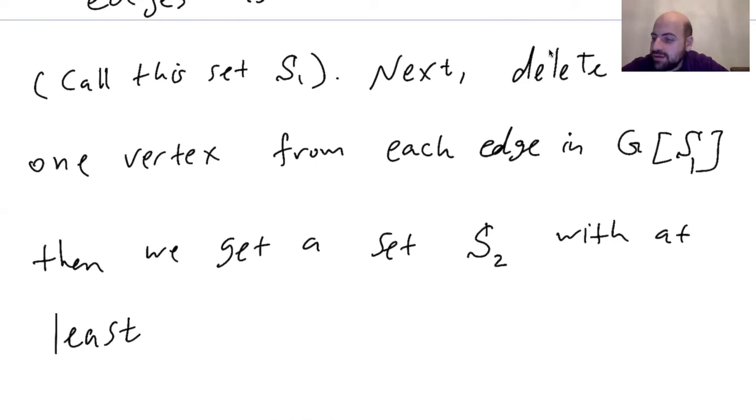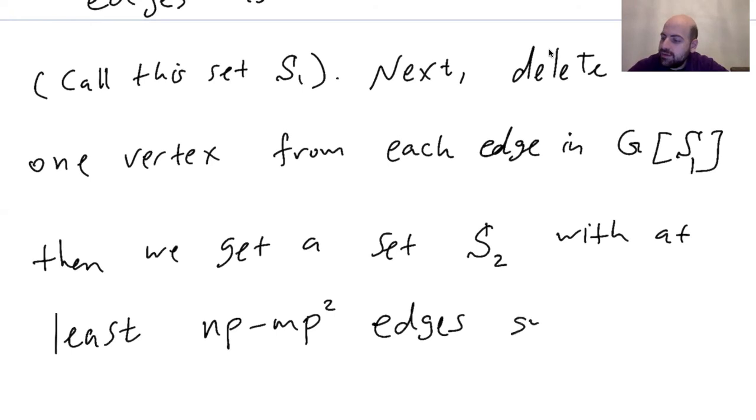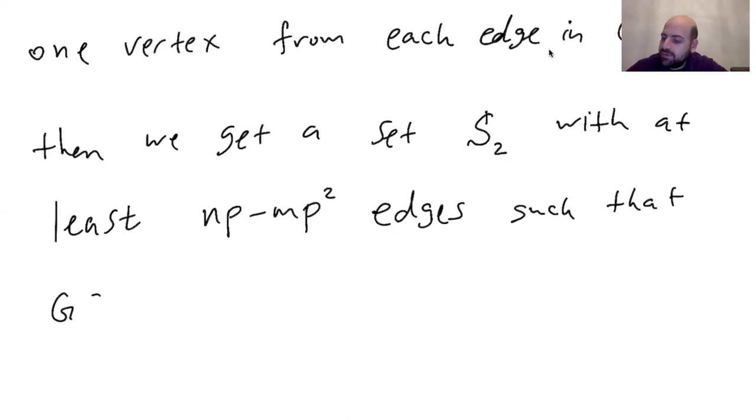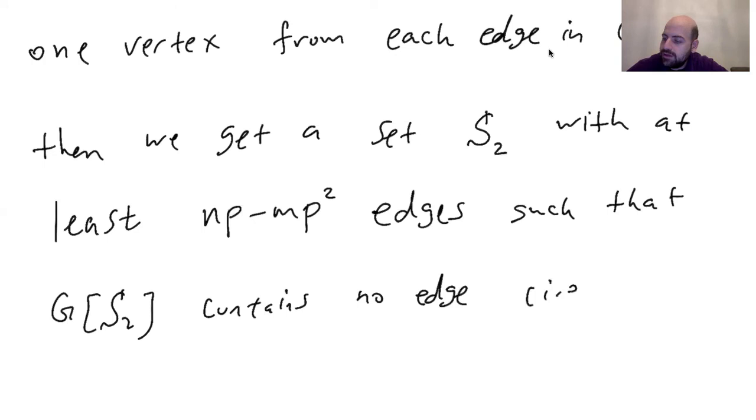So I'm going to get a set S2 with at least np minus np squared vertices, such that G of S2 contains no edge, i.e. S2 is an independent set.